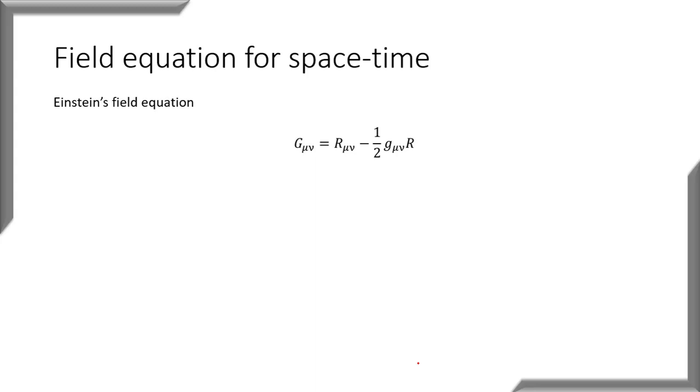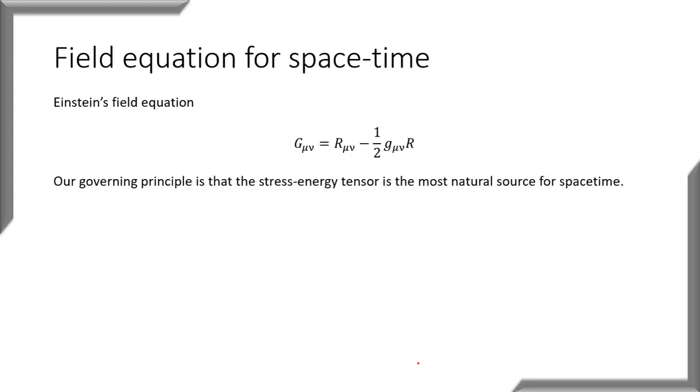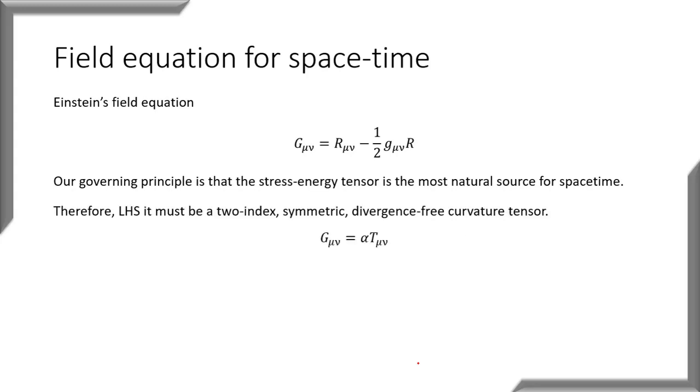Now, towards the end of our chapter, we are going to derive the field equation for spacetime. So here we go, we have our Einstein field equation. The Einstein tensor G mu nu is equal to the Ricci tensor minus half the metric tensor into the Ricci scalar. We have said that in our governing principle, all natural sources are considered to be a stress energy tensor, which is a divergence free tensor, a symmetric tensor, and a 2-index tensor.